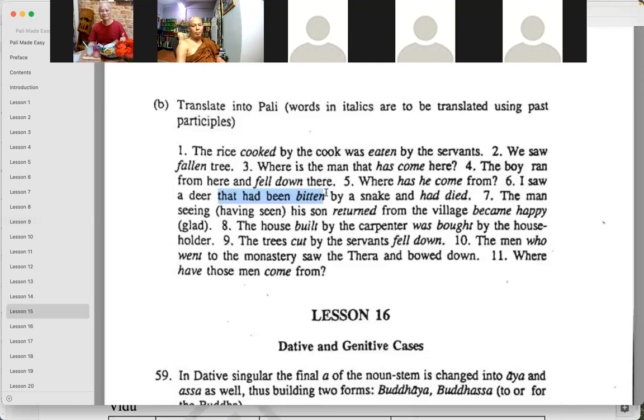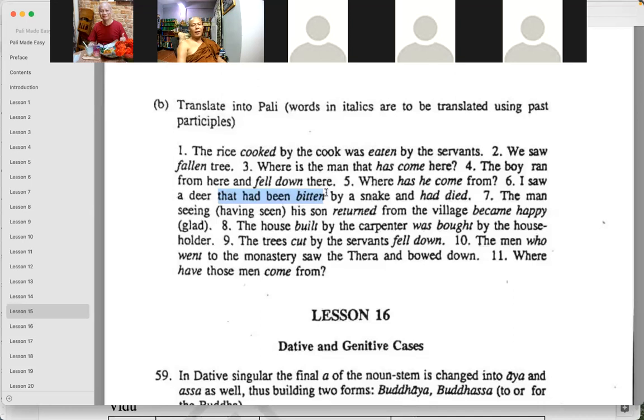So that had been bitten, that's the deer, so datthaṃ. So here miga is the object of addasam, that is migam. So modifying migam, past participle datthaṃ, also at that time. So by a snake means ahina. So aham ahina datthaṃ migam addasam.